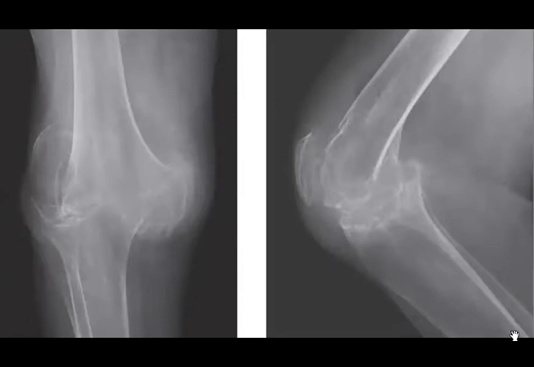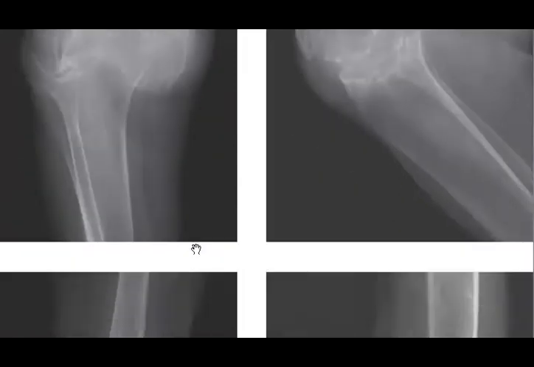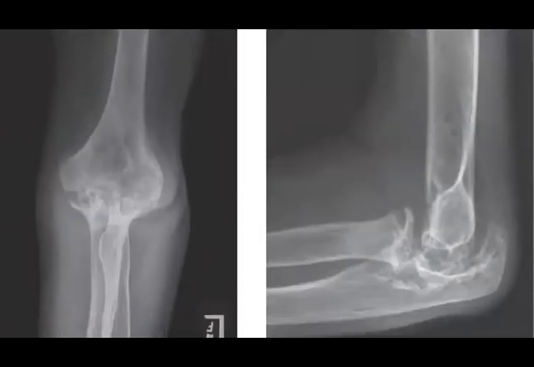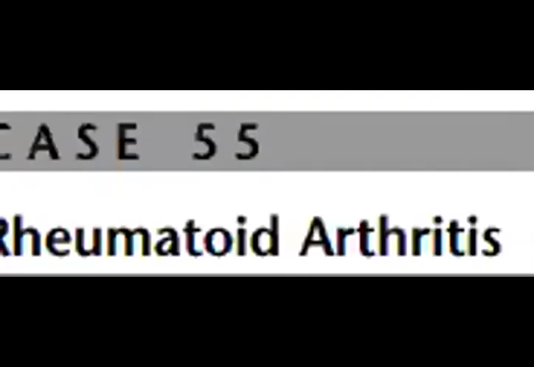So polyarthropathy, yes, perfect, Marwa, Zuhair. Maybe if he's in the pediatric age group, you can mention hemophilia. Yes. Or juvenile idiopathic arthropathy.